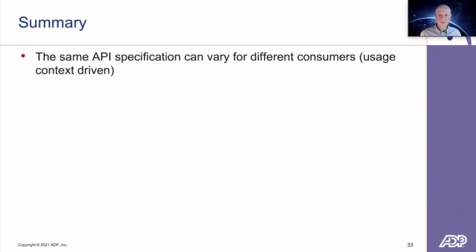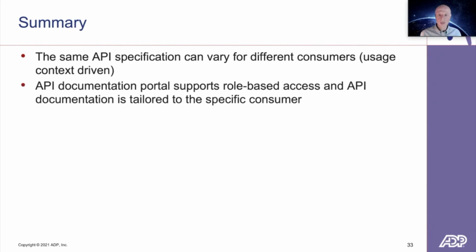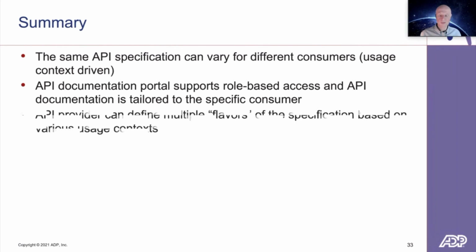Accept the fact that different consumers may require different views of the same API specifications, so specification content can potentially differ. The API documentation portal can be made context-aware and reflect current user entitlements so that documentation will be tailored to address the specific consumer needs.